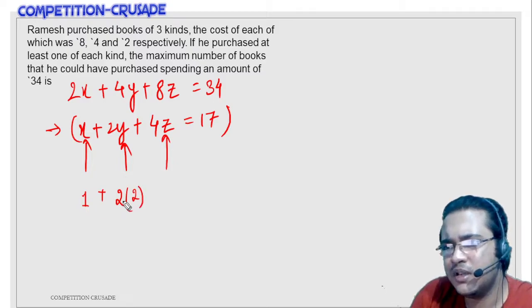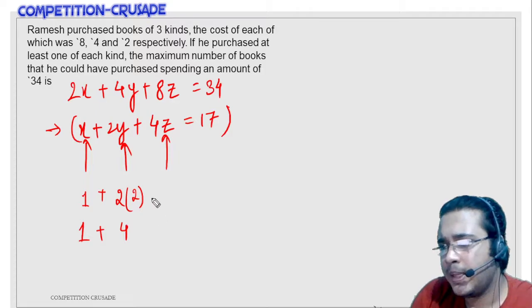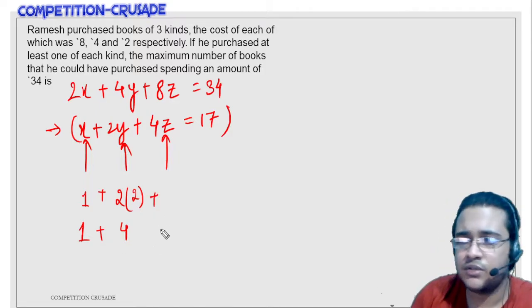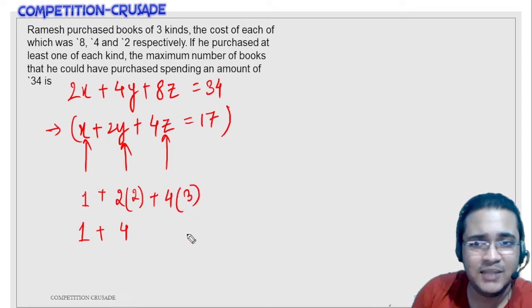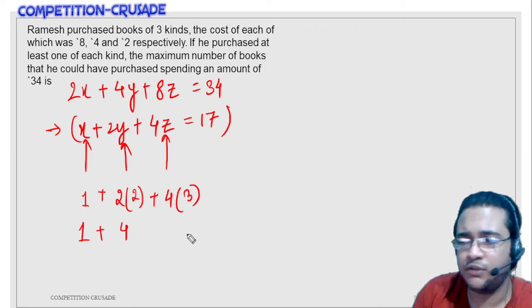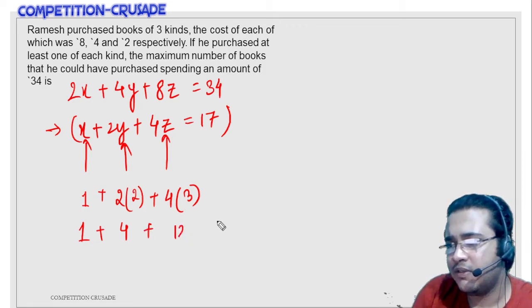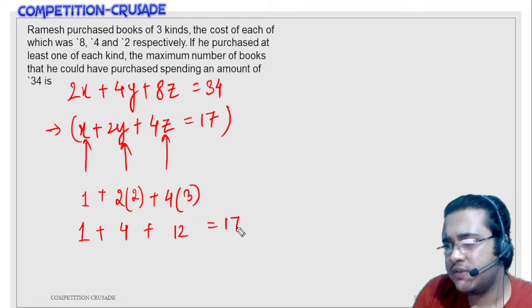So this becomes, so far, 1 plus 4, which is 5. So 17 minus 5 is actually 12. So I need to purchase 3 books costing 4 rupees each. So that will be 12. So in all, that is 17 rupees.